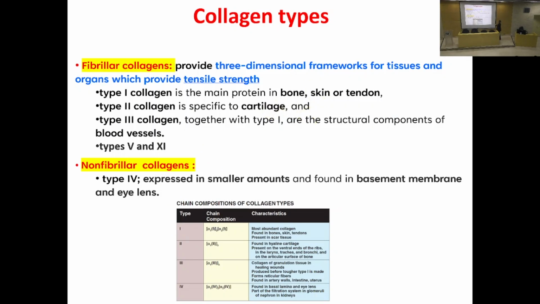But you don't need to know the chain compositions. You need to know, for example, that in skin I have type 1. It's important, and later when you study pathology or histopathology, you will need it. Any questions?